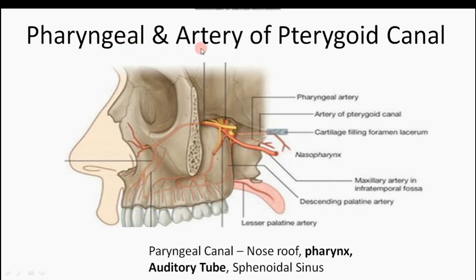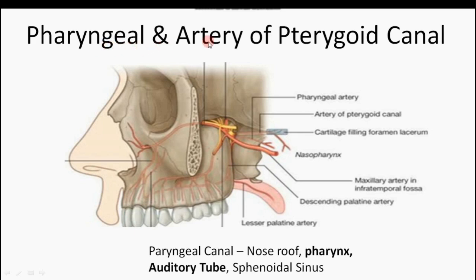Next is the pharyngeal artery and the artery of the pterygoid canal. I have shown you the two foramina: this one for the pharyngeal, this one for the artery of the pterygoid canal, and this pharyngeal or palatovaginal canal.